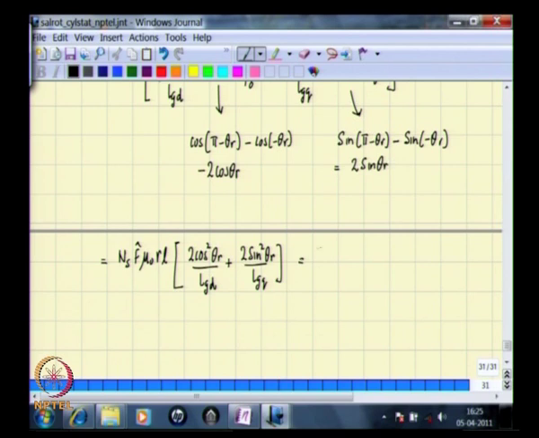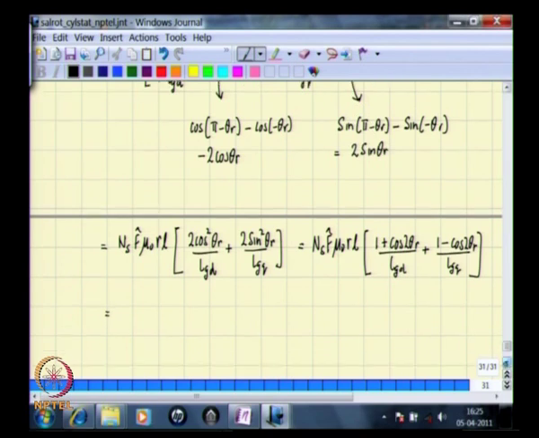This can further be simplified as ns into f hat into mu naught r into L multiplied by cos square theta expressed as 1 plus cos 2 theta by 2. So, this is 1 plus cos of 2 times theta r divided by L g d plus 1 minus cos 2 theta r divided by L g q.